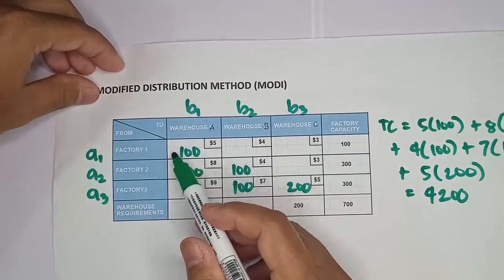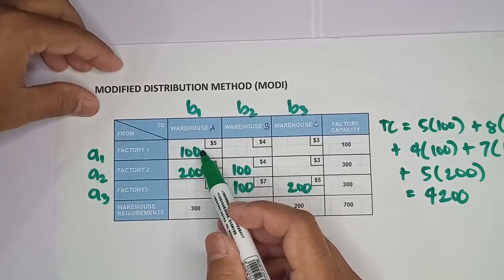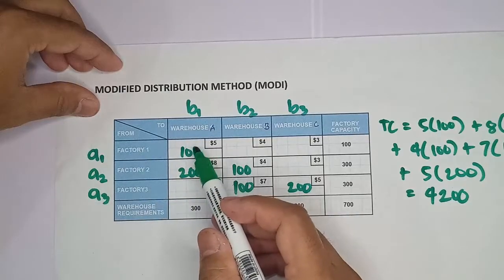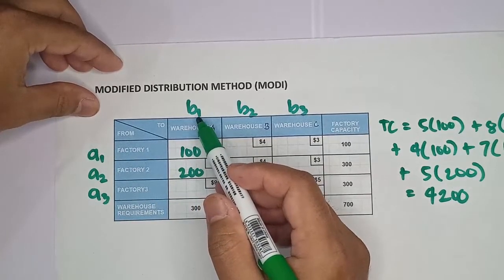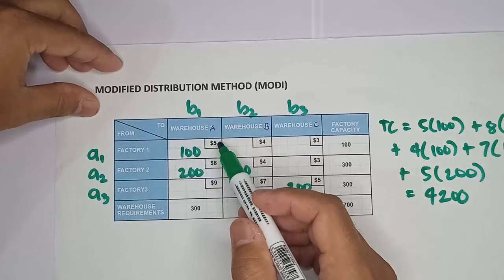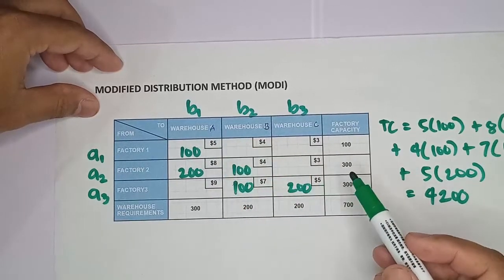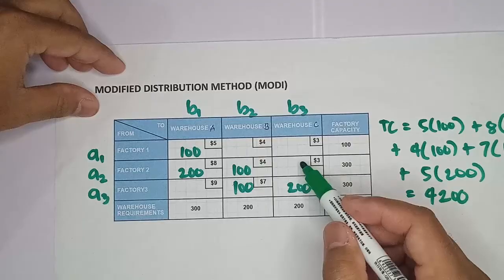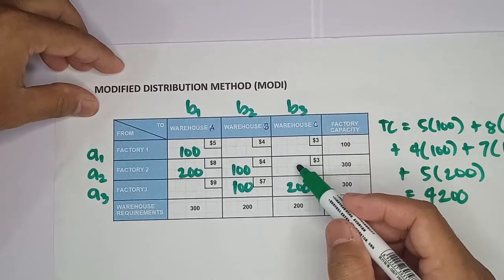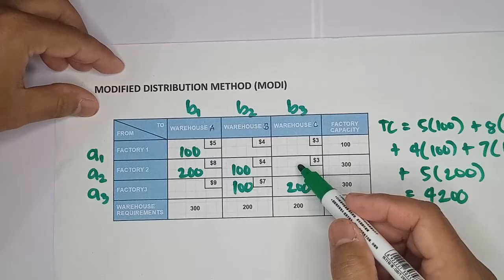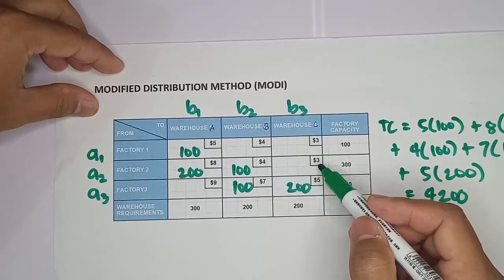For instance, this cell belongs to row 1, which is A1, and column 1, which is B1. Its corresponding C sub ij is 5. Another example, this cell belongs to A2 and B3, and its corresponding C sub ij is 3.